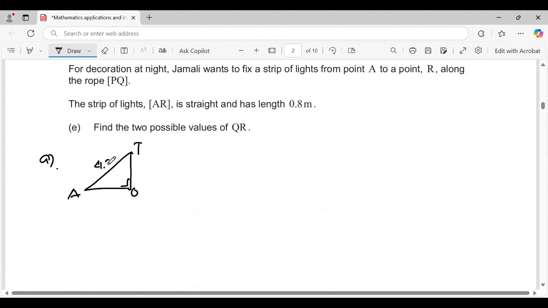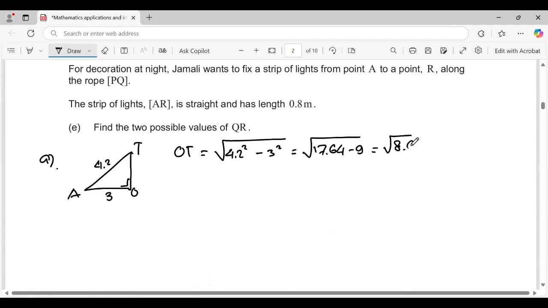This is 4.2 and this is 3. So we can determine OT through Pythagoras rule: square root of 4.2 squared minus 3 squared equals the square root of 17.64 minus 9, equals square root of 8.64.